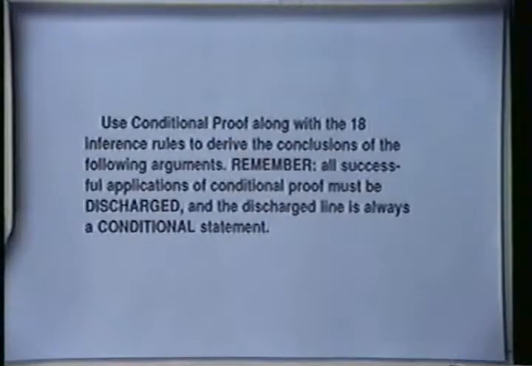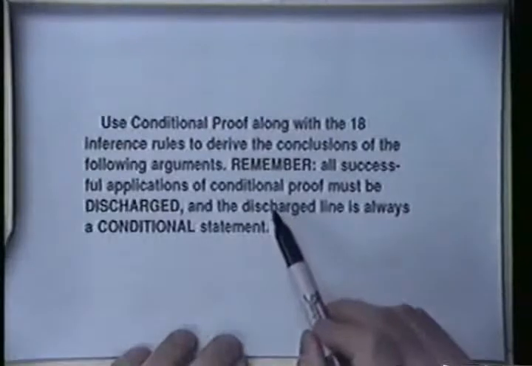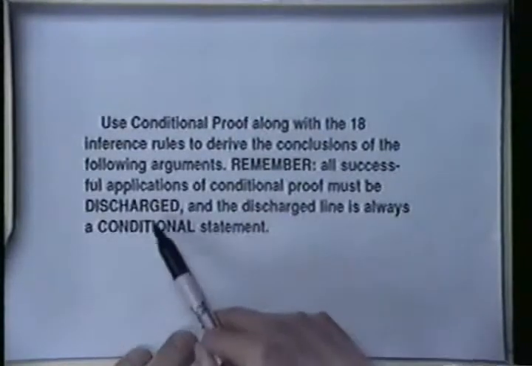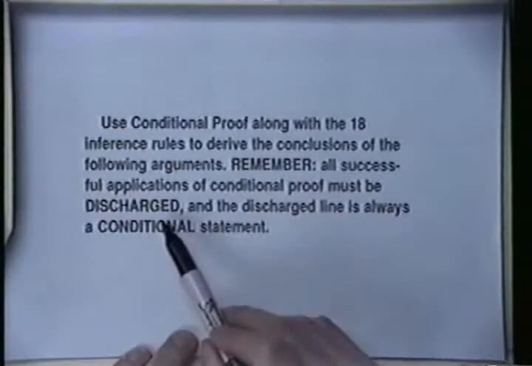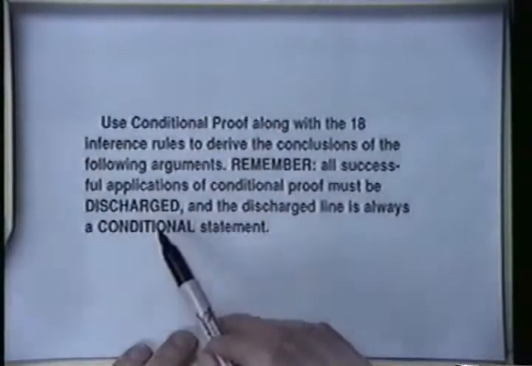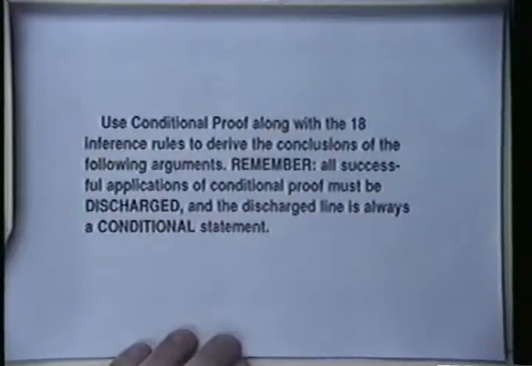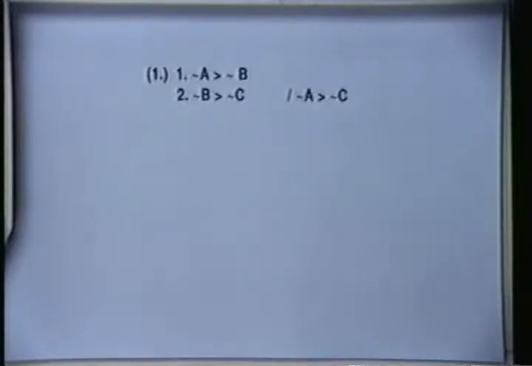So the first couple of problems here will be attempting to use conditional proof. Remember, too, that a valid conditional proof always will discharge the subproof. You will come out, as it were, from the indented part of the proof onto the outside left-hand line of the proof.